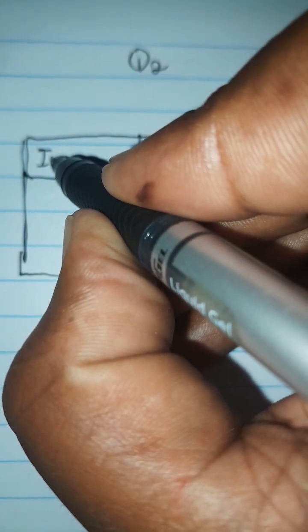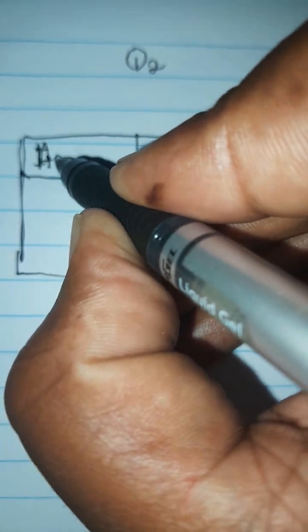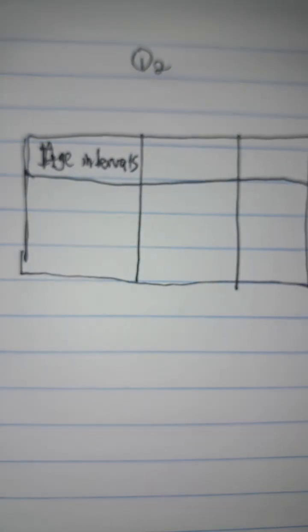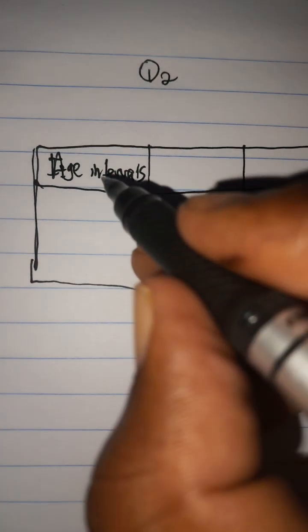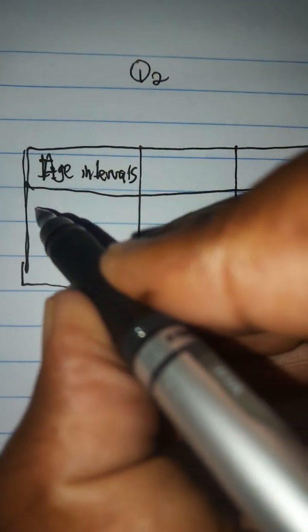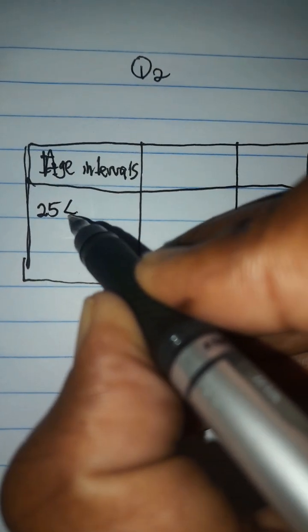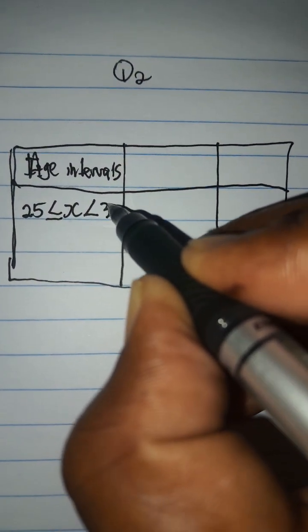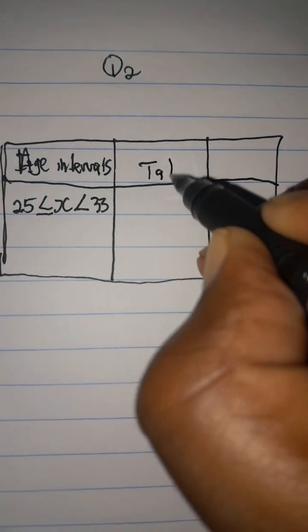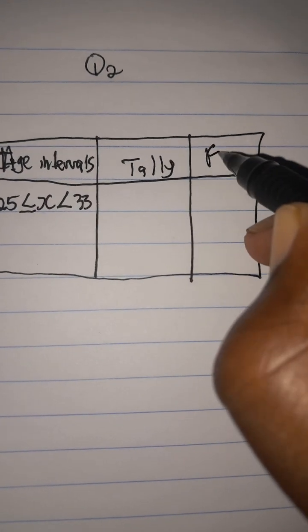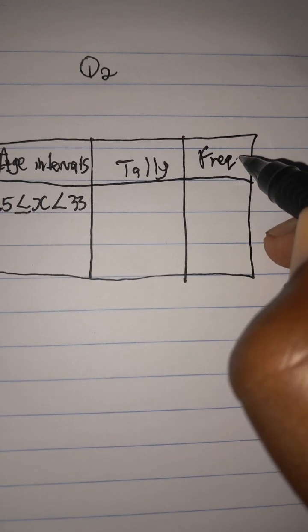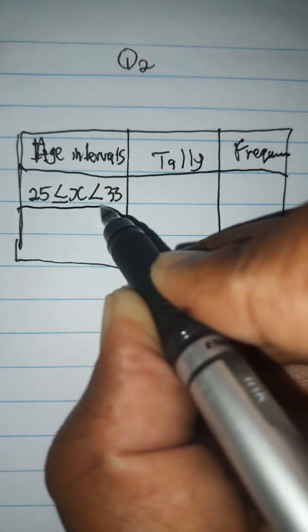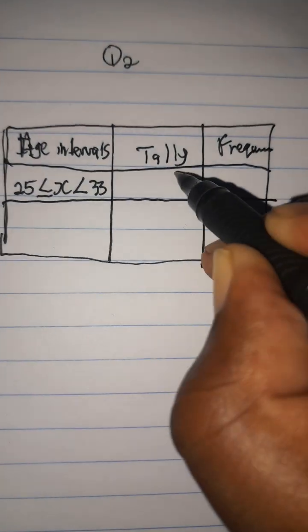Age intervals. Here we have 25 is less than or equal to x, which is less than 33. Here we have tally. Then we have frequency.